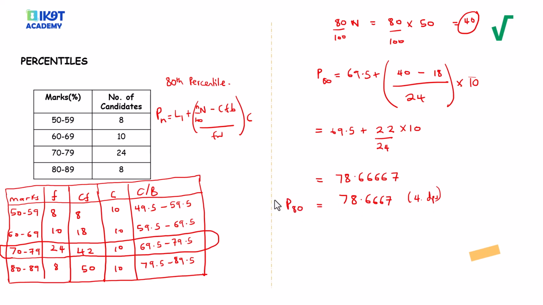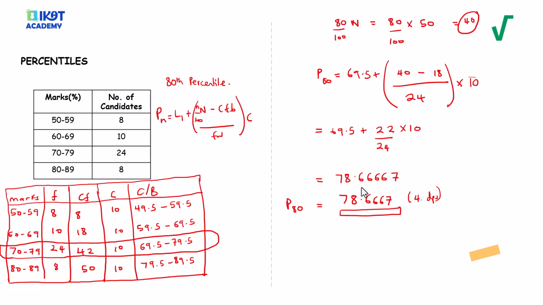I hope you see what I was saying, that the 80th percentile is different from 80%. Someone who scored 80%, that's a very different thing, that's their mark. But when we get the 80th percentile, it means the position below which 80% of the people in this class are, below 78.6.